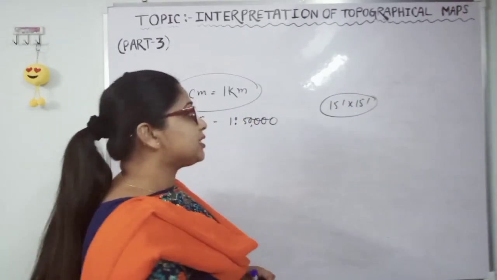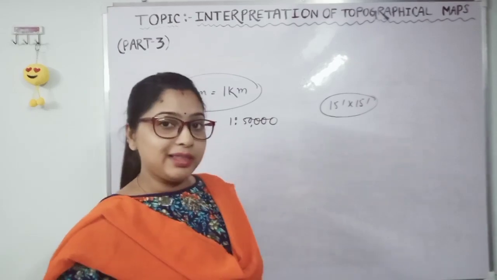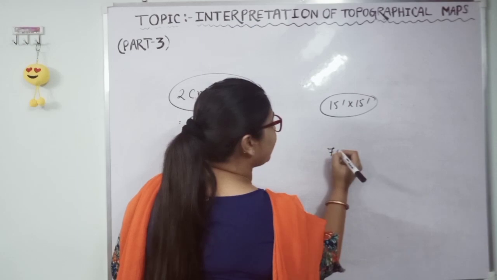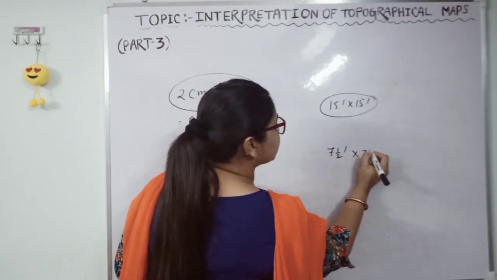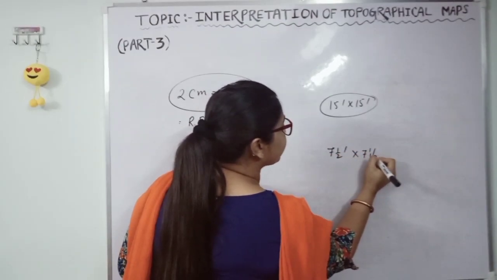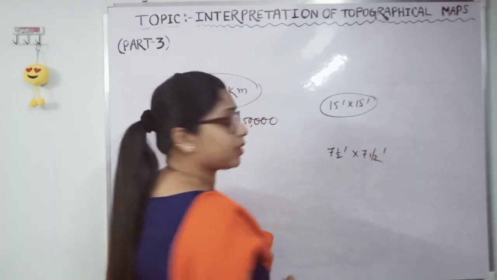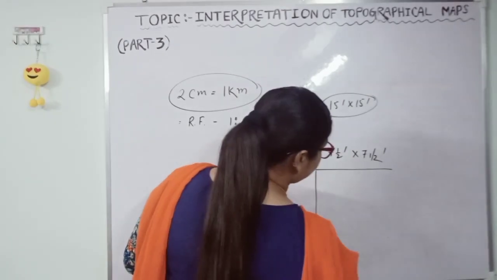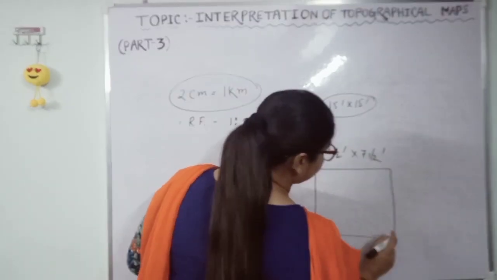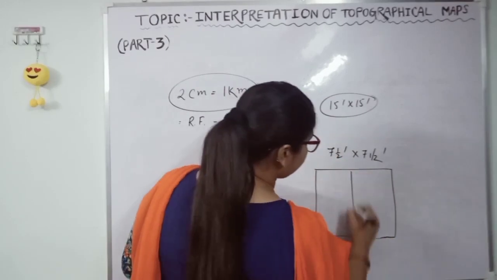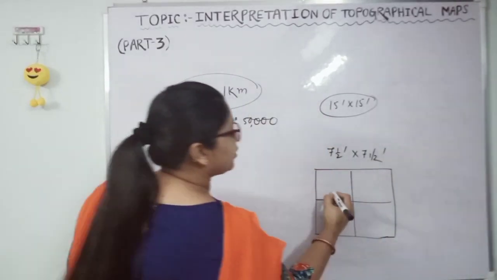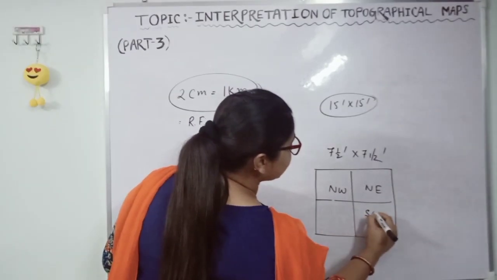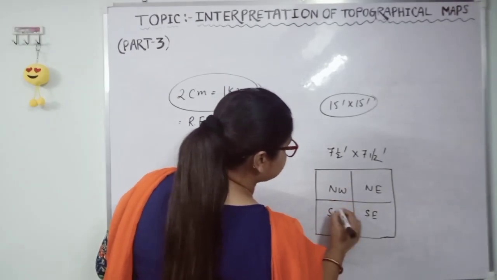Okay, so this 15 minute is again divided into 7.5 minute multiplied by 7.5 minute. Okay, so this 7.5 minute has a number, and we can say it is divided into 4 parts: northwest, northeast, southeast, southwest.